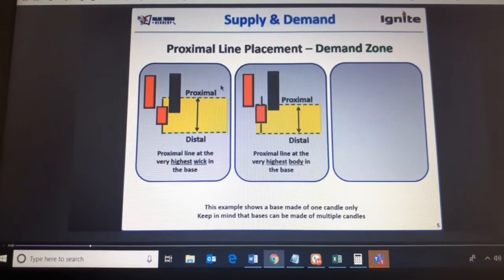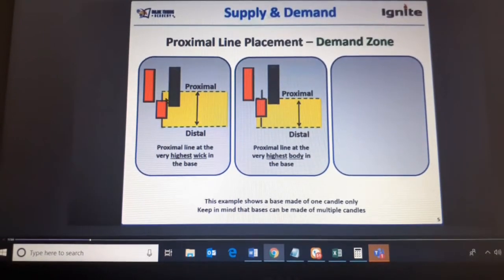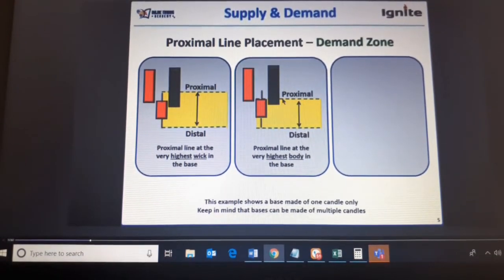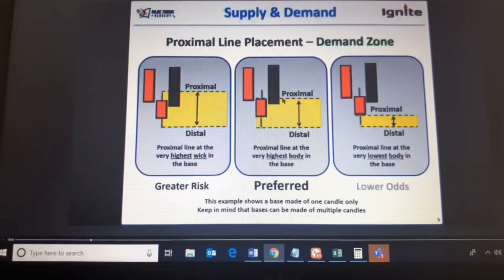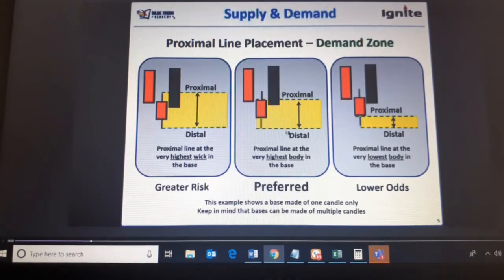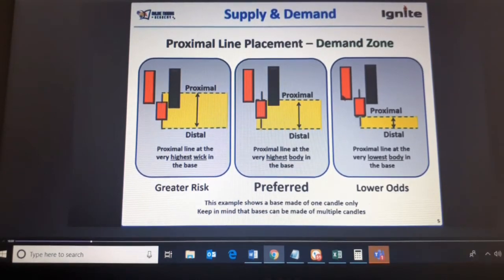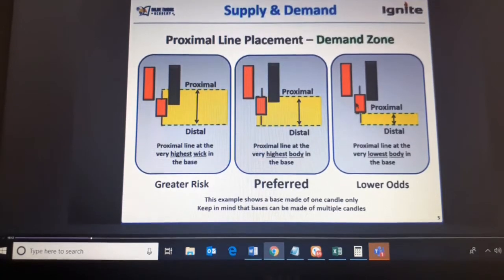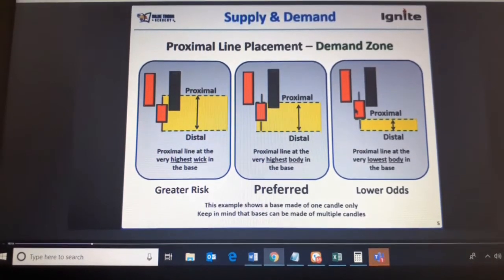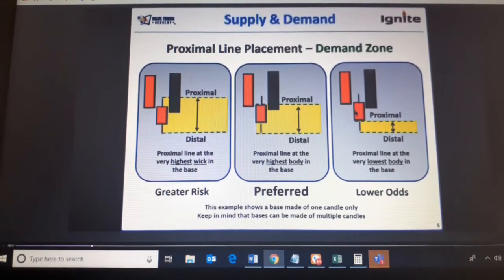So the first way is at the very highest wick in the base, the second is at the very highest body, and the third is proximal line at the very lowest body in the base. So whichever candle body in the base is the lowest, there we draw our proximal line.